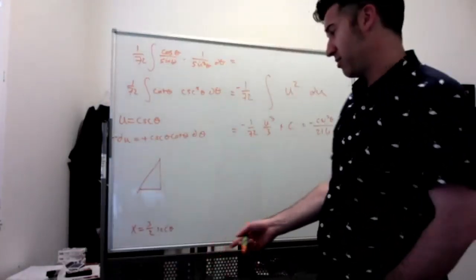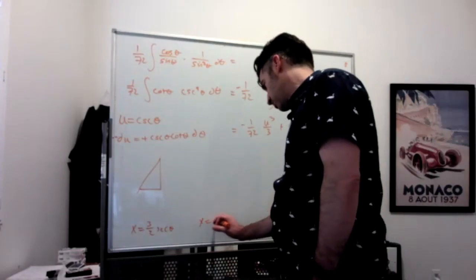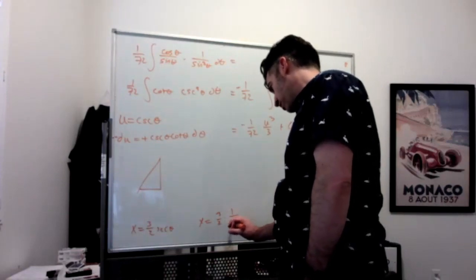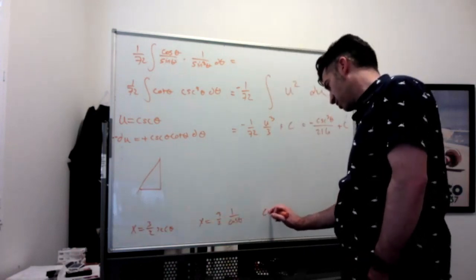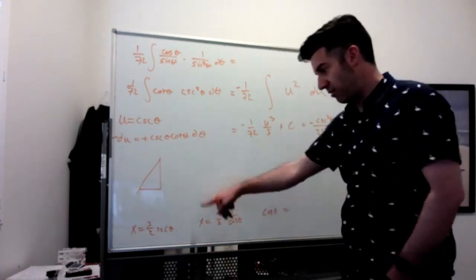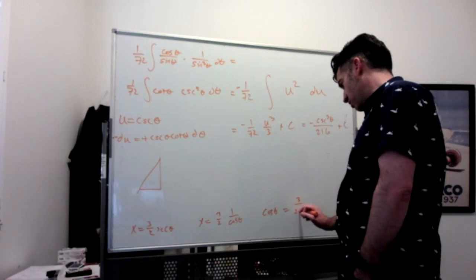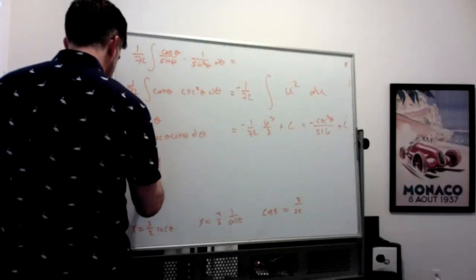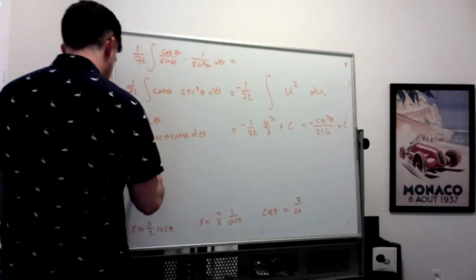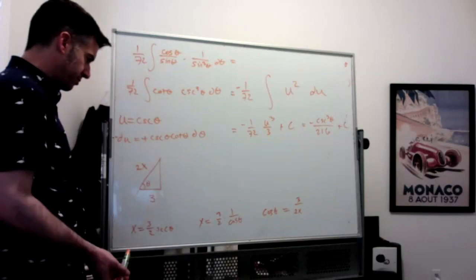Secant is, I would probably rewrite this as x equals 3/2 times 1 over cosine theta, and then multiply by cosine. So cosine theta equals divide by x, 3 over 2x. I would do it like that. So cosine is adjacent over hypotenuse, so I have a 3 here and a 2x here.